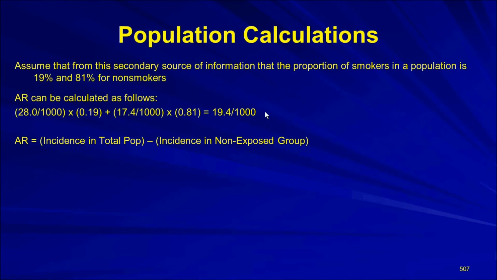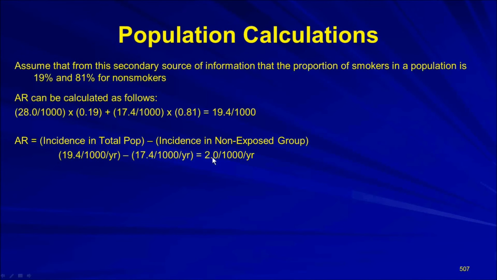Next, we ask what the attributable risk is for the incidence in the total population and incidence in the non-exposed group, and here's what we have. We've done the multiplication, and here's the value. This value is being shifted and used here. We're always going to take the non-smokers and use them as a secondary value. So the attributable risk in the problem is 2.0.